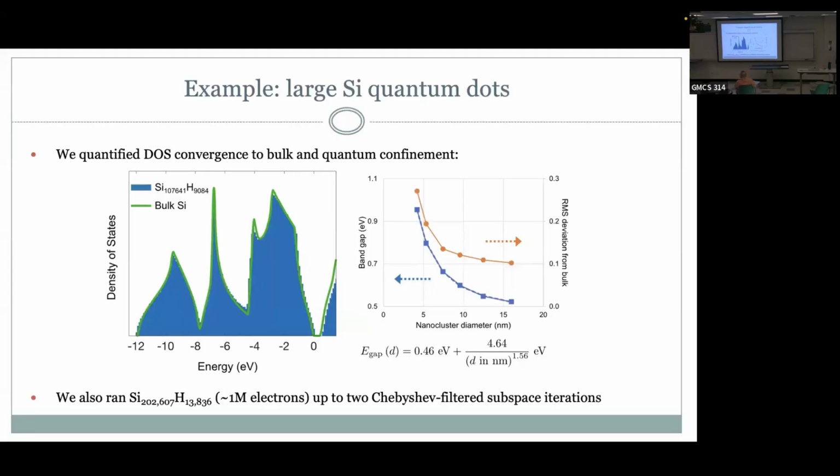I was wondering, since you're producing terabytes of wave function data, is there any potential for using that to train machine learning models to design new materials?